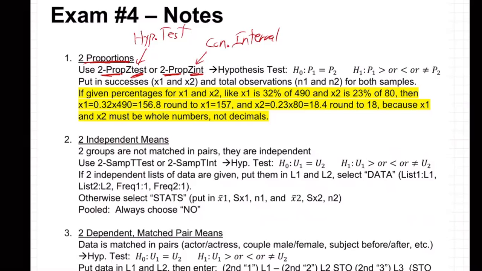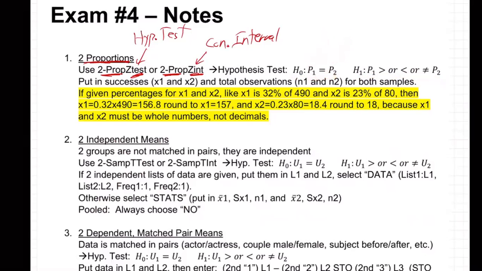Notice it says for the hypothesis test, you're going to put H0: P1 equals P2, and H1: P1's greater, or P1's less, or not equal to P2. That makes sense? The H0 is always equals, as we know. H0 is always equals, that won't change. But now notice we have 2 proportions, not just one.